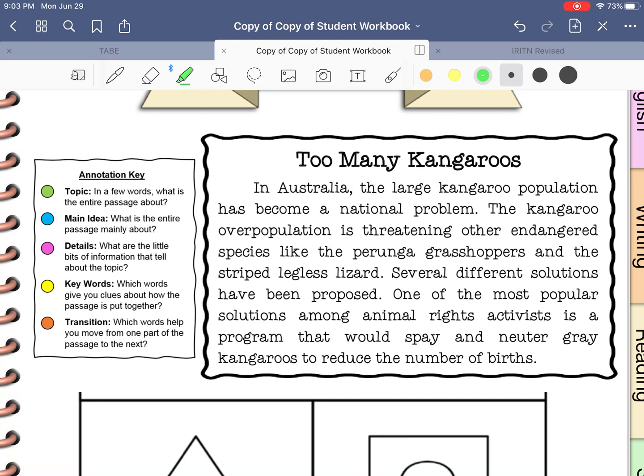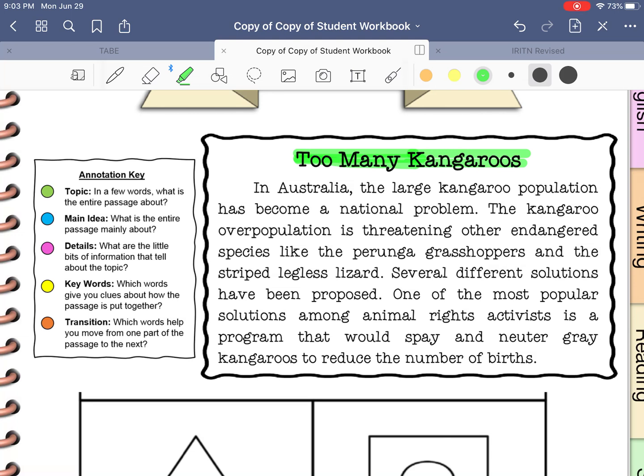So the topic of this one, in a few words, a lot of folks will tell me it's kangaroos, and that's true. It is about kangaroos, but what about kangaroos? Remember, in the passages that we've read before, we've also read about kangaroos. So what is it about this one that's different? Well, this one is focusing on too many kangaroos.